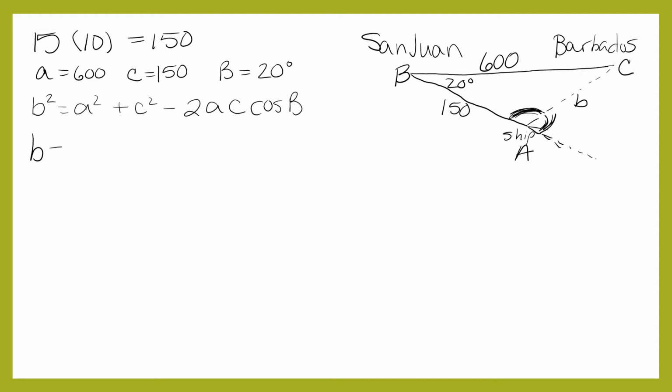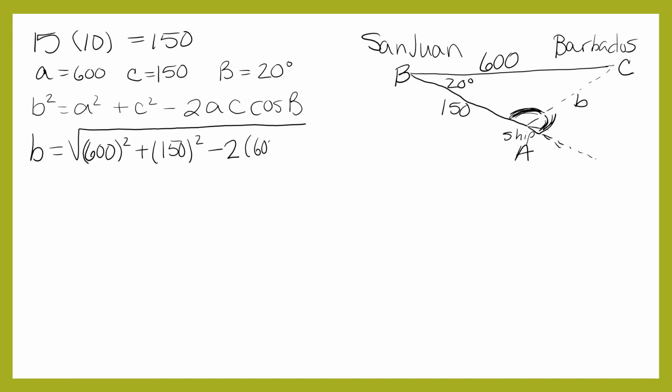So I'm going to fill in: b is equal to the square root of 600 squared plus 150 squared minus 2 times 600 times 150 times the cosine of 20 degrees.